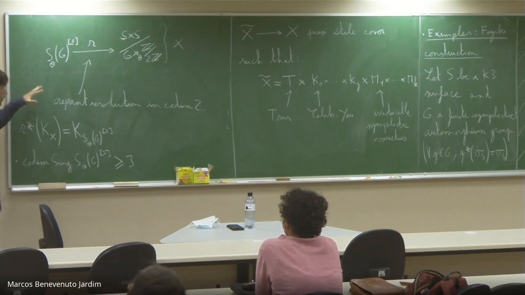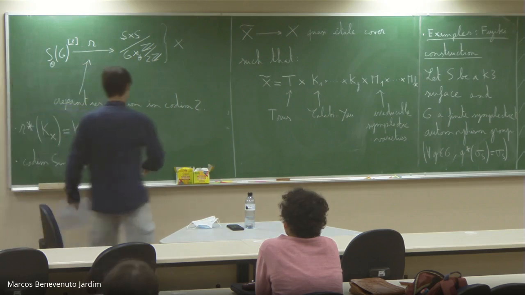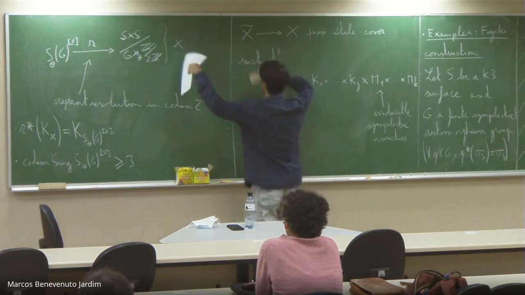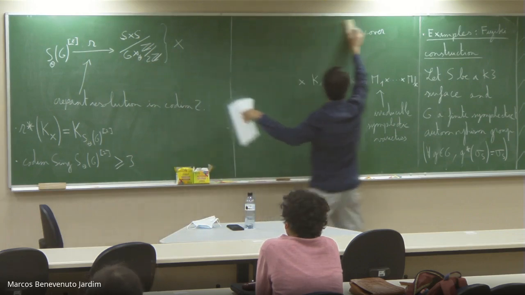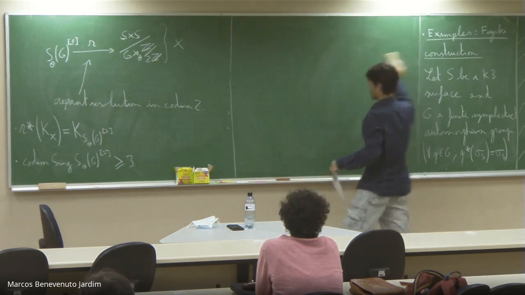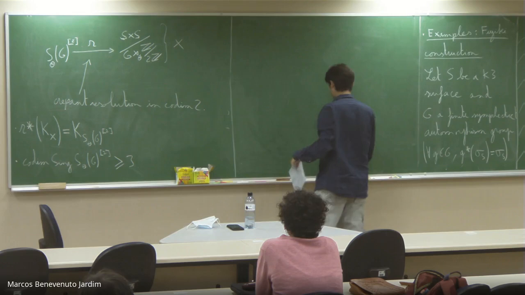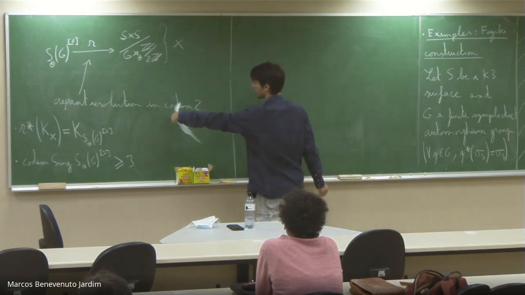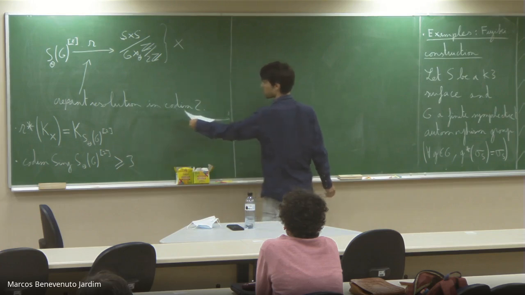And this always exists. There is a theorem that says it always exists in the projective case. If you start with X which is symplectic and projective, you can always perform a crepant resolution in codimension 2.